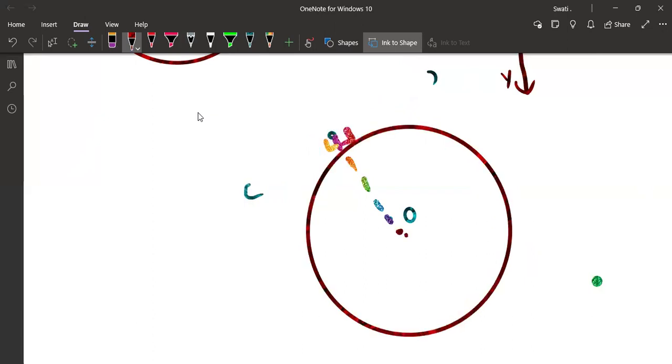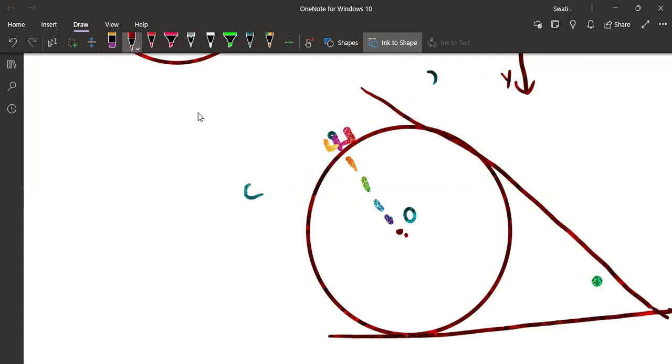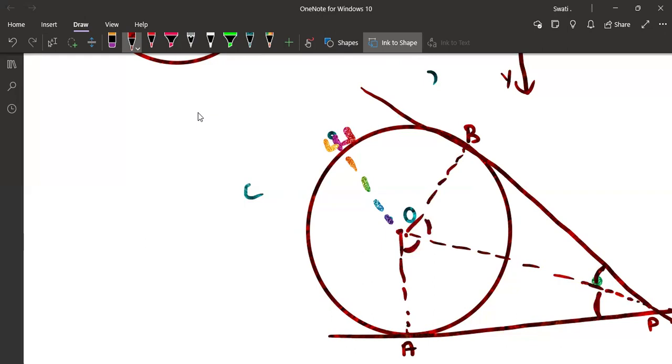So if you draw a tangent like this, and this, of course, you can notice that the length of PA and PB would be the same. And also, if you draw a line here, the angles made are equal. This angle will be equal to this angle. And of course, if this is the radius, then this angle will also be equal to this angle.